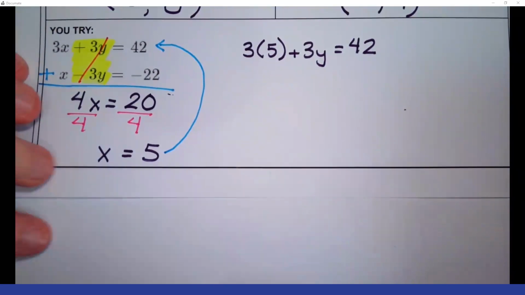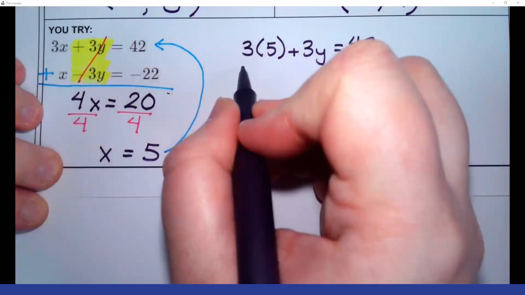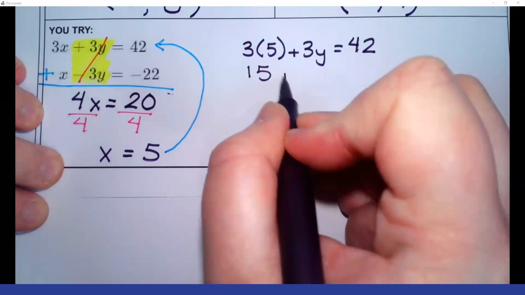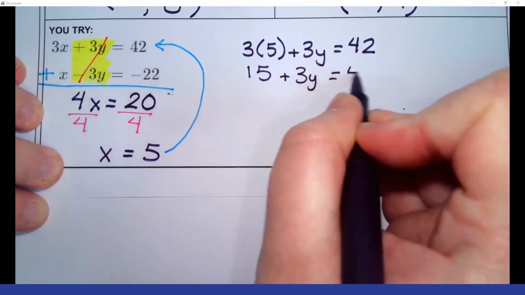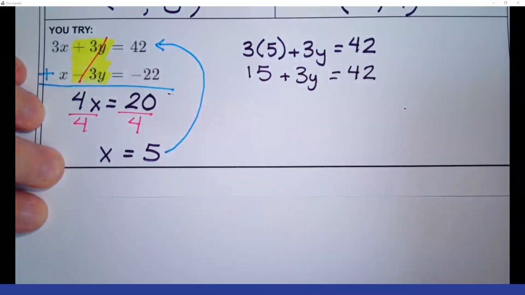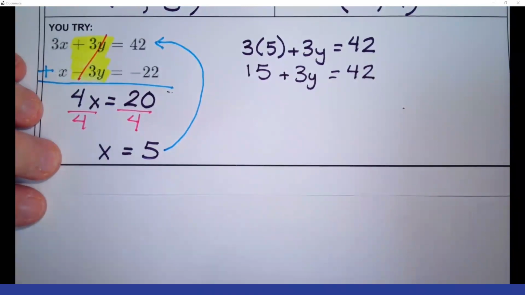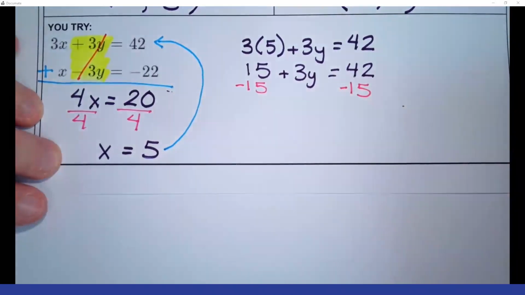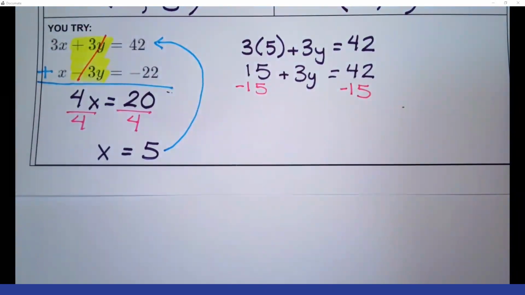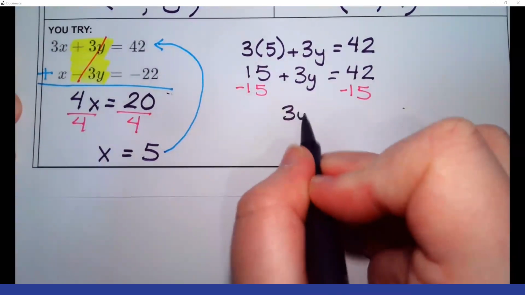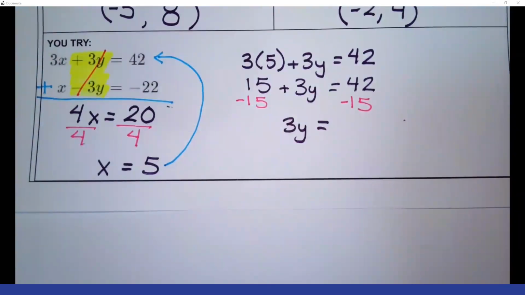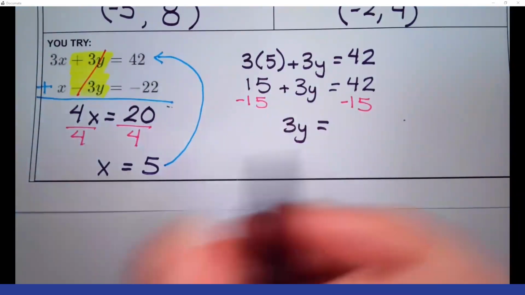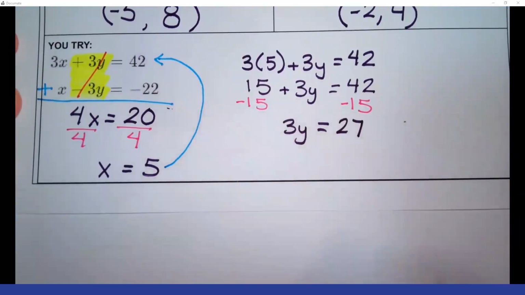All right, let's finish out this problem. 3 times 5 is 15, plus 3y is equal to 42. Subtract 15 from both sides. 3y is equal to 42 minus 15, which is 27.